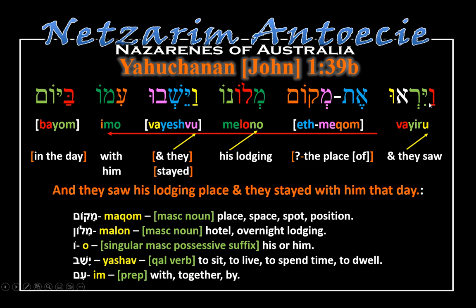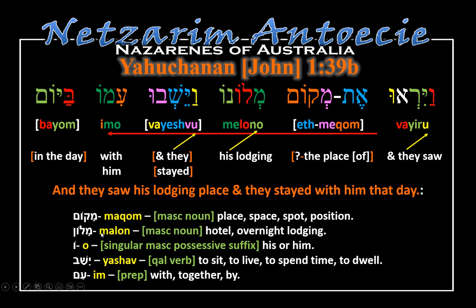And now let's read it. Vayiru, and they saw, and of course that's because this is prefix, so it's a completed action. And they saw, et grammar marker, mekom, the place. And then I've added of, melono, his lodging.